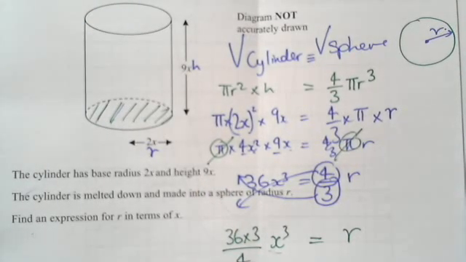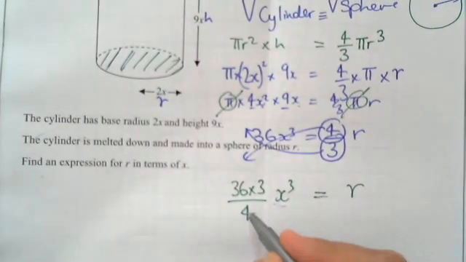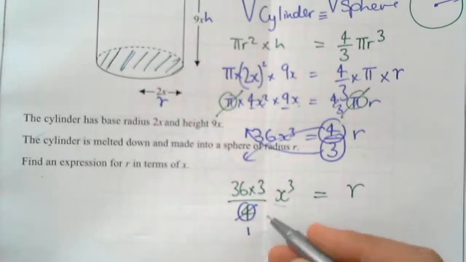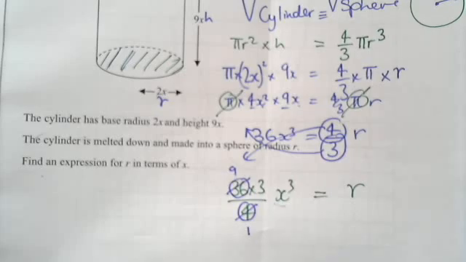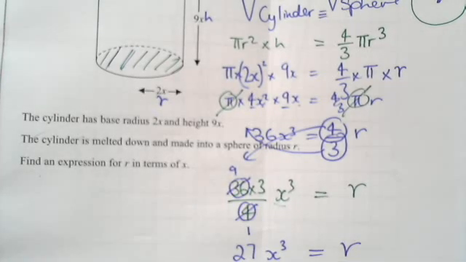Okay, now let's see if we can cancel this down, which you should be able to. Divide that by 4 is 1. Divide that by 4. Okay, so we're left with 27 x cubed is equal to r cubed.